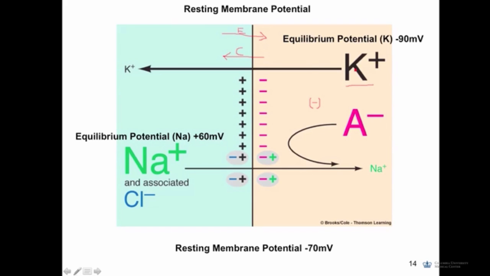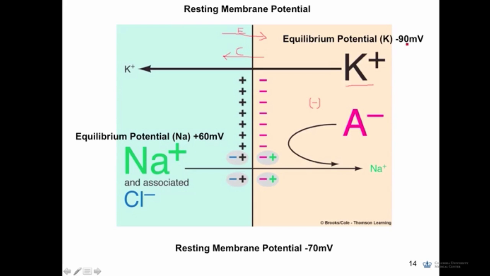So for potassium to get to equilibrium, the inside of the cell has to have a voltage that creates a balancing out of these two gradients.